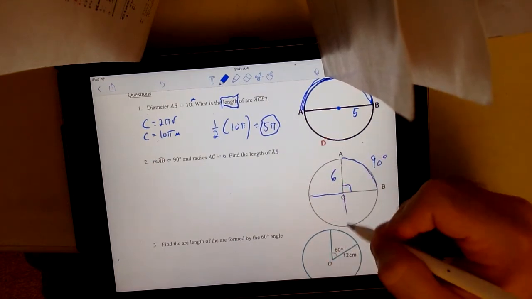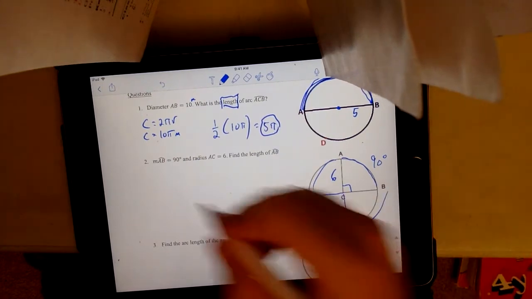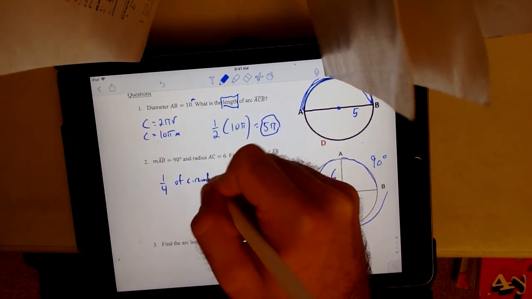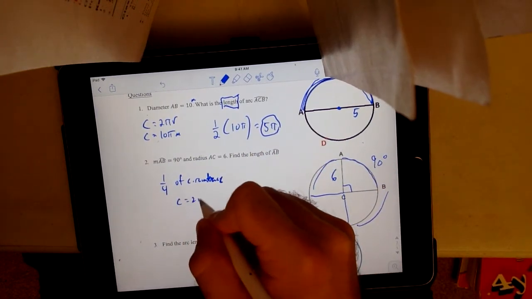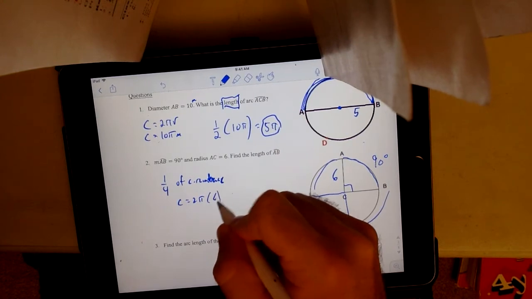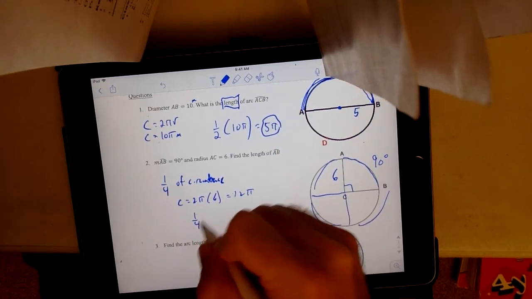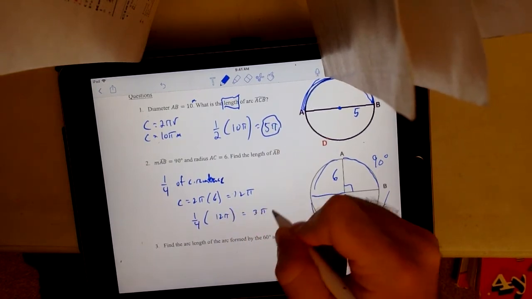If I had 4 copies of it, 1, 2, 3, 4, I'd have the whole circumference. So I want to take a quarter of the circumference. The circumference is 2 pi times 6, which is 12 pi. A quarter of 12 pi is 3 pi.